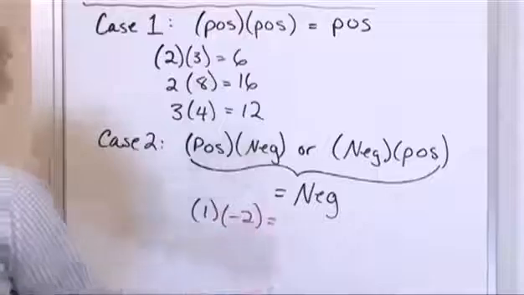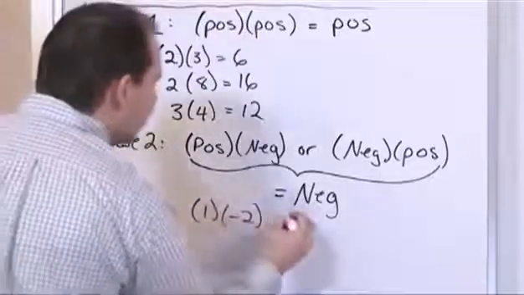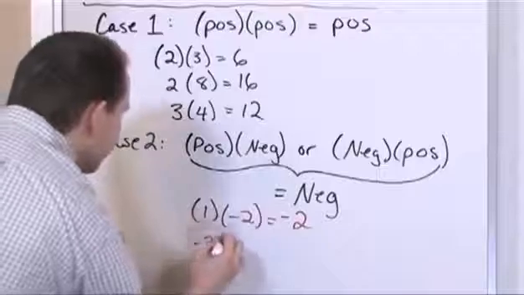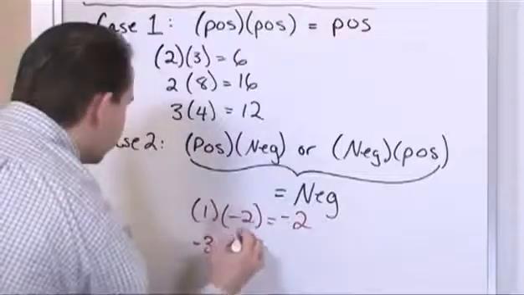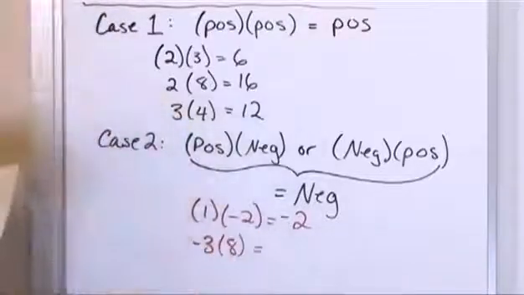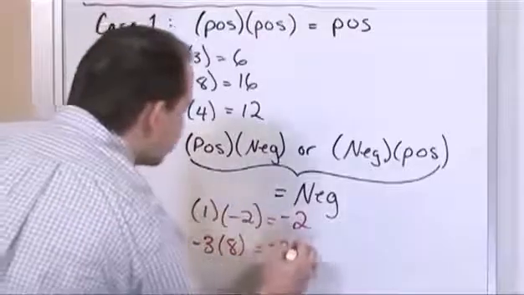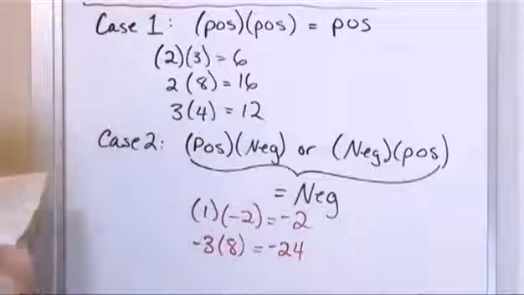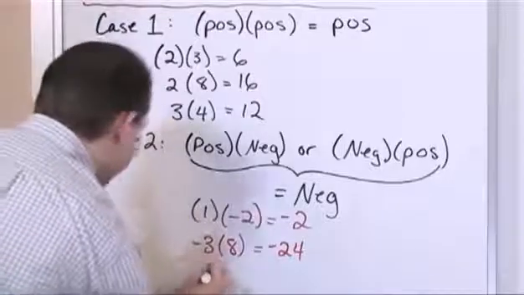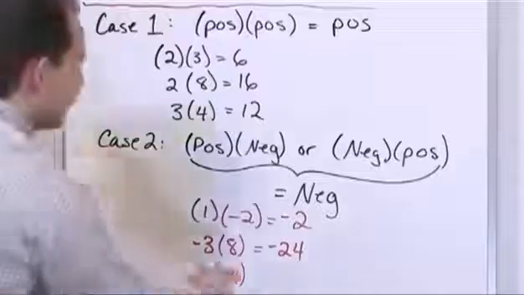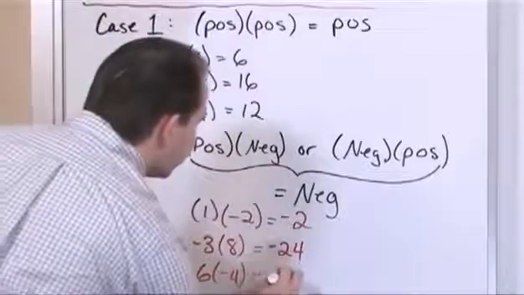Well, 1 times 2 is 2, but since they're different signs, you just put negative 2. Negative 3 times 8. Well, 8 times 3 is 24, but since the signs are different, then you put negative 24. Here we have 6 times negative 4. 6 times 4 is also 24, but since the signs are different, we always put negative 24.